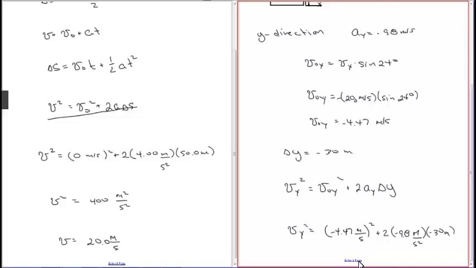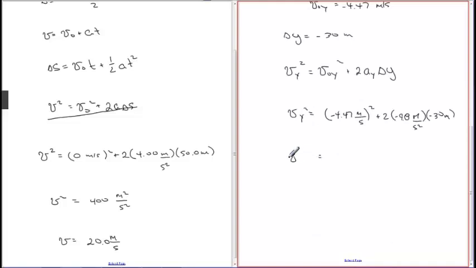I didn't include the negatives because they cancel out. And so we get 608 meters squared per second squared. We take the square root, and I get 24.6 meters per second, plus or minus. Because we know it's going down, we're going to use negative.